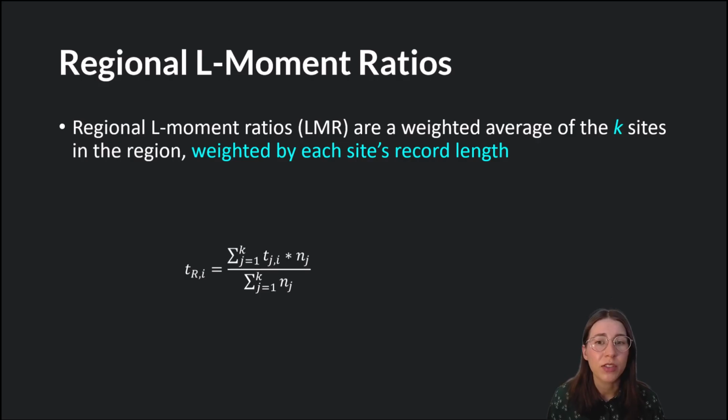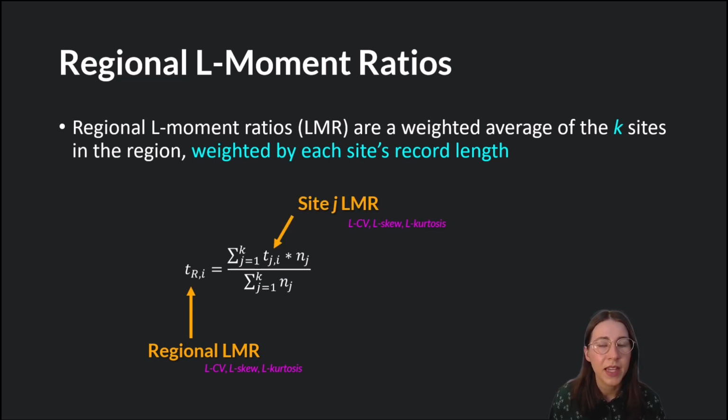Regional L-moment ratios are computed as a weighted average of the sites in the region, weighted by each site's record length. To break down the equation, we have a regional L-moment ratio, and we perform this for each of the ratios LCV, LSKU, and L-kurtosis. That's computed as the sum of the site L-moment ratios, LCV, LSKU, and L-kurtosis, multiplied by the record length of that site.